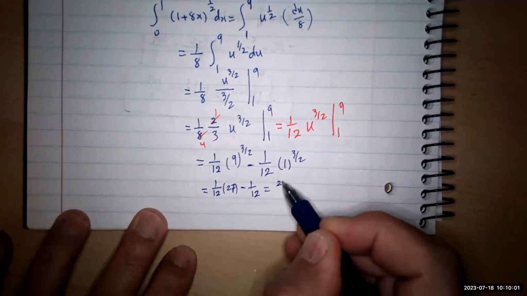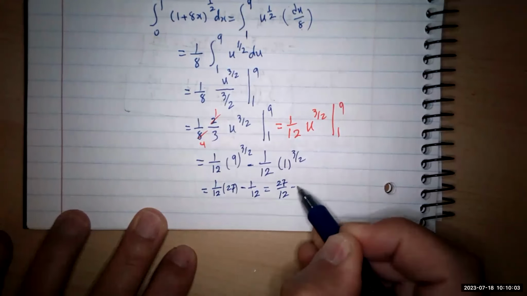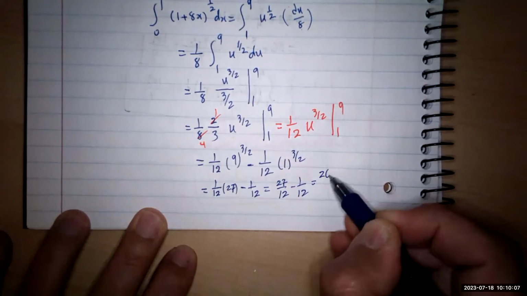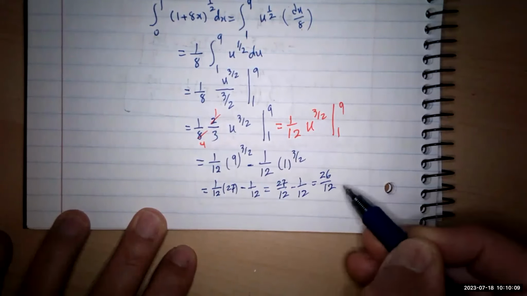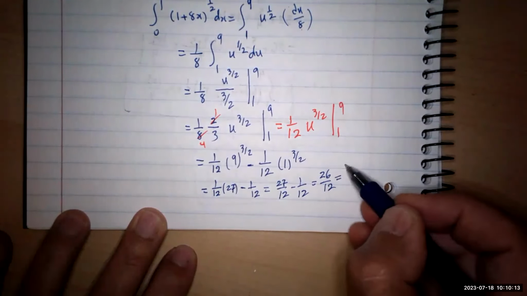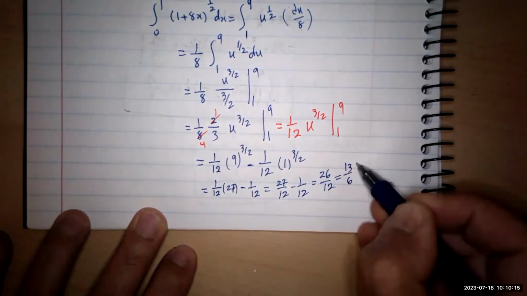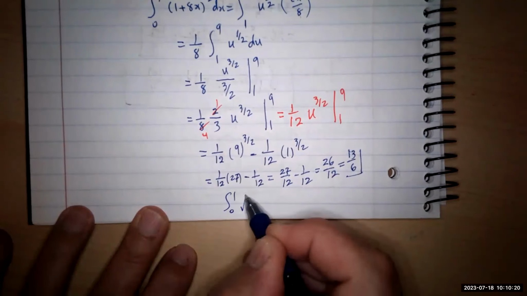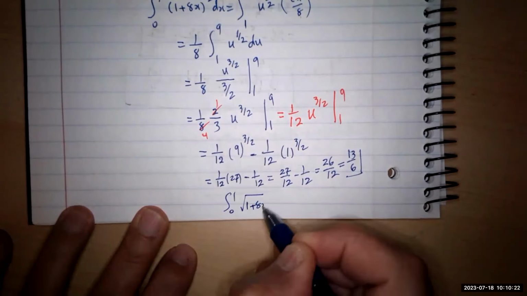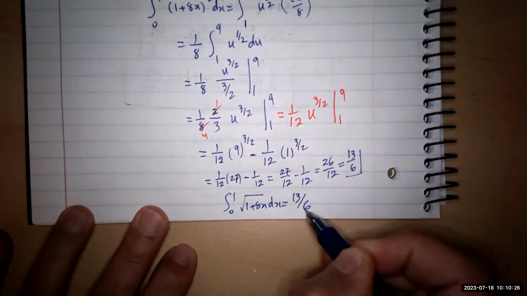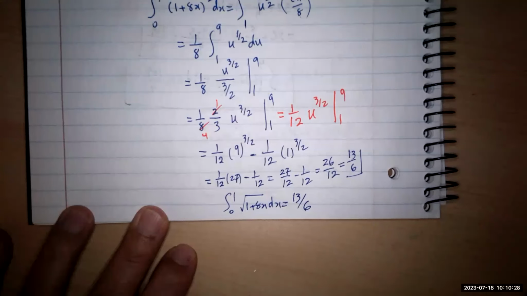So the top would be 27 minus 1, 26 over 12. And of course, you have to simplify the fraction. Dividing by 2, that gives you 13 over 6. So the integral from 0 to 1 of radical 1 plus 8x dx is simply 13/6, the final answer.